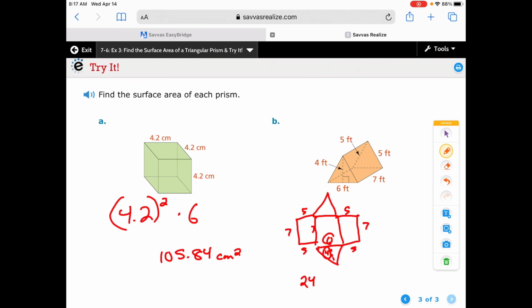There are 2 triangles, so we don't necessarily have to cut that in half. Then we have 7 times 5, which is 35. There are 2 of those, so we'll multiply it by 2. Then we have the portion in the middle, which is 6 times 7, which is 42. We add that all together, so 24 plus 70 plus 42 gives us a total of 136 feet squared. So make sure that's written in for page 439.